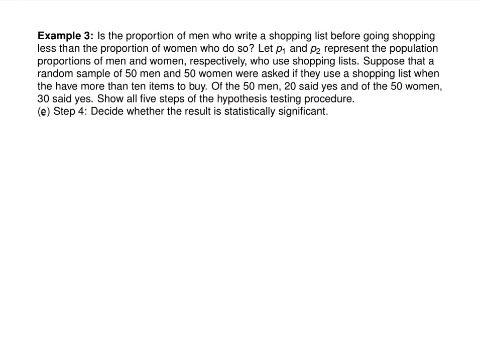Decide whether this result is statistically significant. Well, we have to choose an alpha. So if alpha is 0.05, then yes, this p is less than alpha, and the result is statistically significant. And your final step is to make a conclusion in the context of the situation. So we reject H naught in favor of HA.